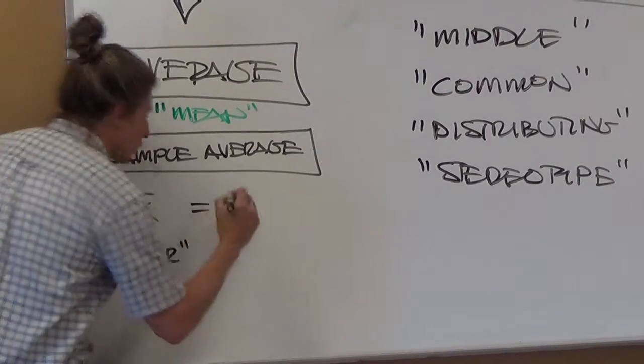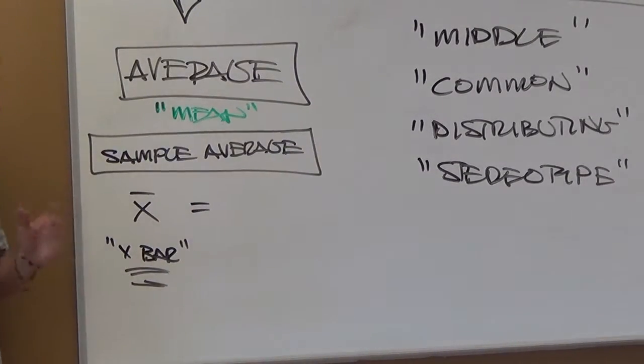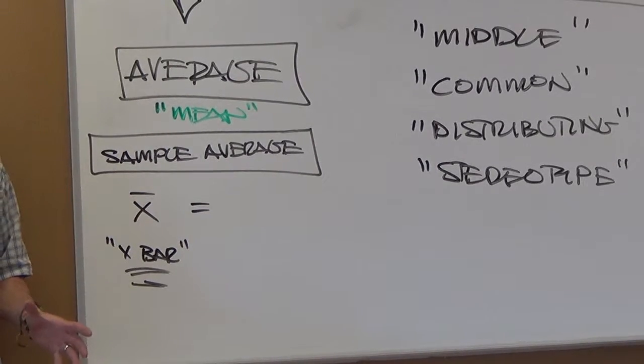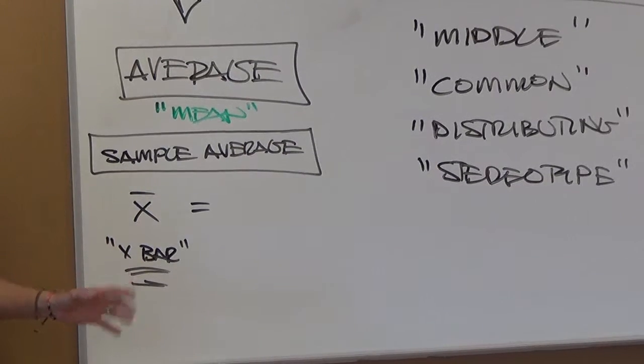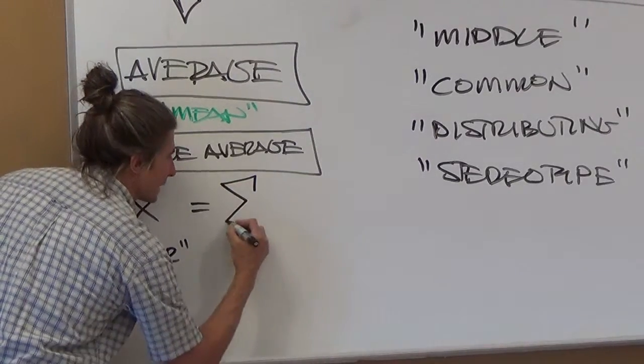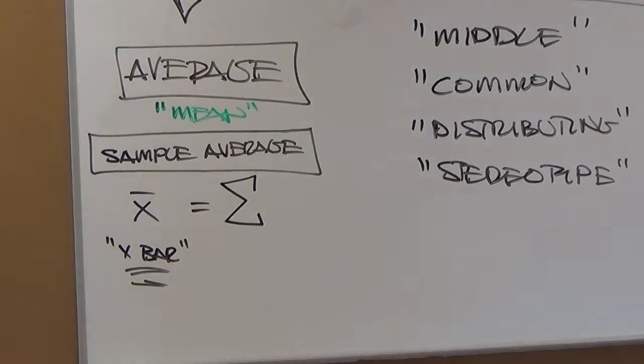Now, it seems like you all came into this class with an idea of how to compute the average. You add up all your data and divide by how many you have. We use that idea so much in statistics, we have notation for it. Whenever you have to add up a bunch of data in statistics, we use the Greek letter capital sigma, which literally means to add up a bunch of stuff.